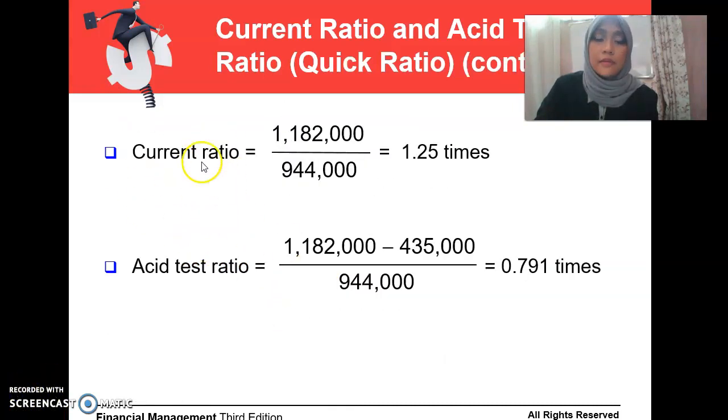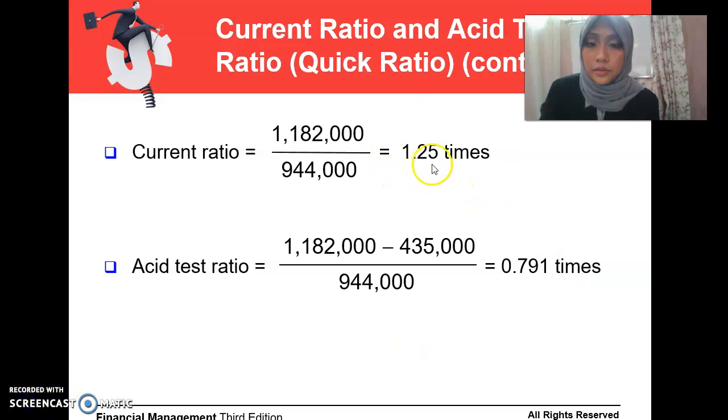Okay, let's say current ratio equal to current asset, this amount 1,182,000 over 944,000, so equal to 1.25 times. Whereas acid test ratio, this one current asset minus the inventory first over current liability, you will get 0.791 times.